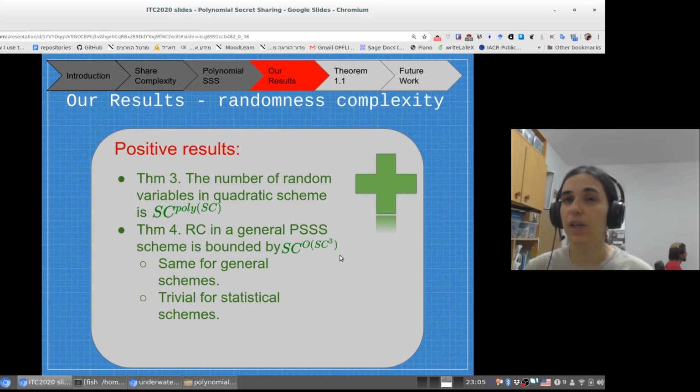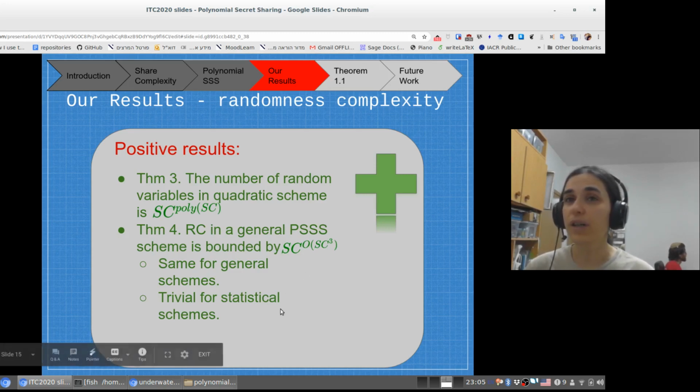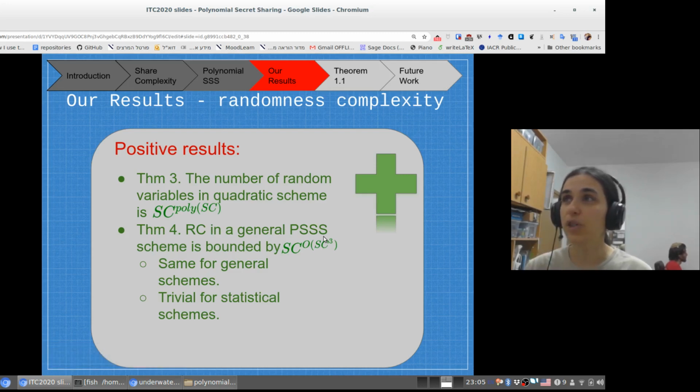Another result we get is a similar upper bound on the randomness complexity for general polynomial secret sharing schemes. And along the way, we get similar results for just general schemes. To clarify, if we were talking about statistical schemes, then the bound for general schemes would be trivial. But because we're interested in perfect privacy and correctness, this is not the case.